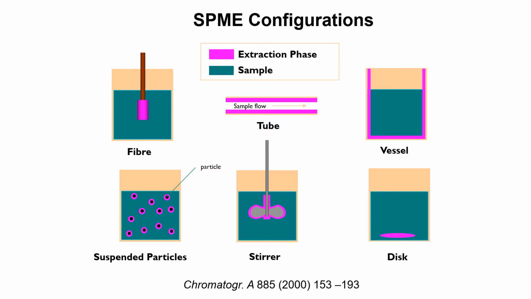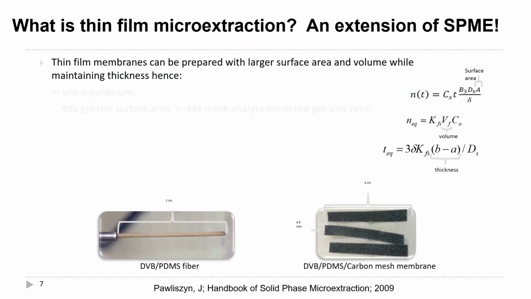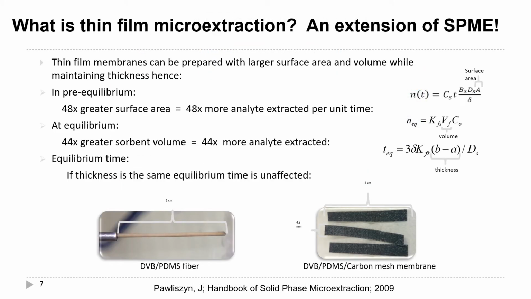This means you keep high contact between the extraction phase and the sample matrix, so you don't decrease the extraction rate. And practically, we have accomplished that by designing the thin film microextraction, which is basically impregnated carbon mesh with the sorbent rather than coated fiber.